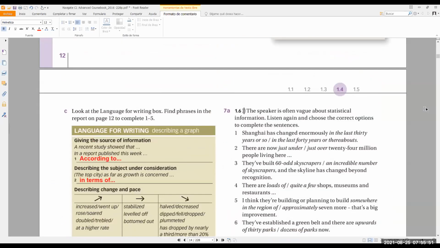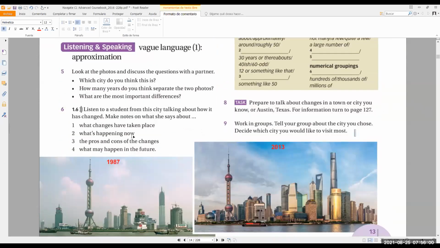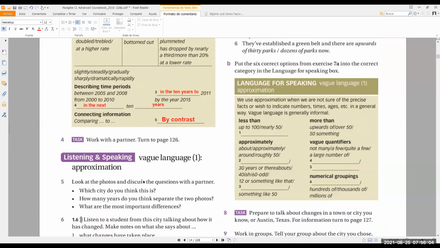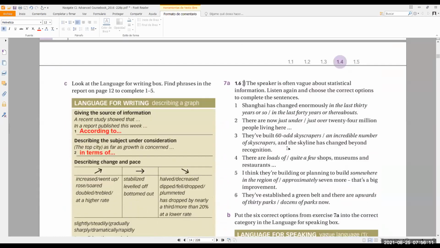There you go, guys. So what we're going to do now, it says the speaker is often vague about statistical information. So this time we are not going to focus only on these 4 different things she covered. What we're going to do now is listen again and choose the correct options to complete sentences. So we are going to focus on the language she is using about the statistical information.